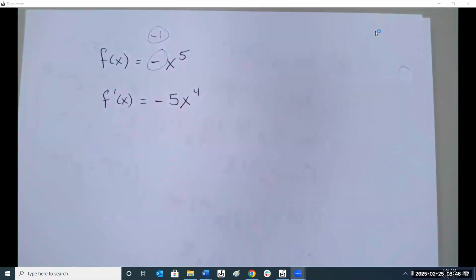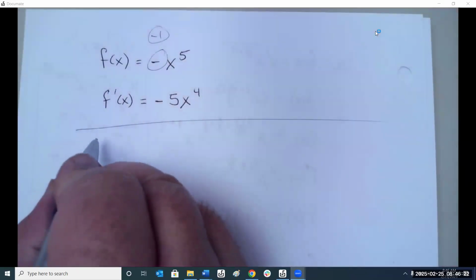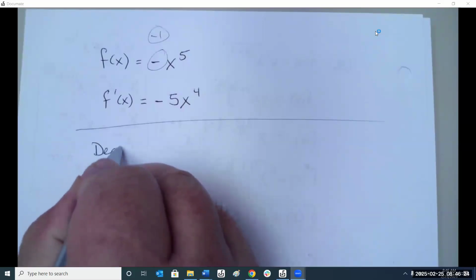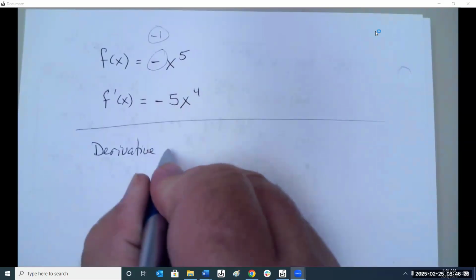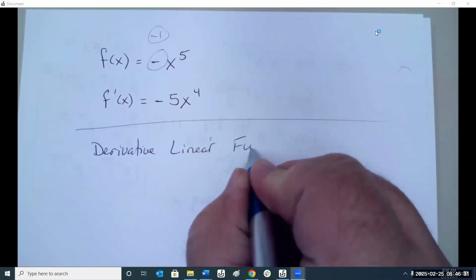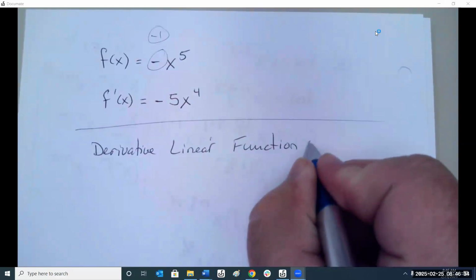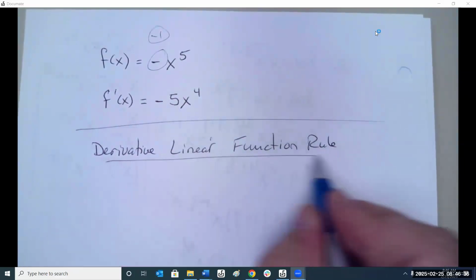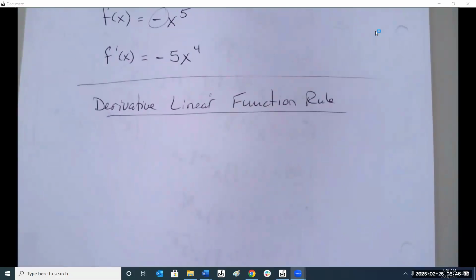Leave it there. I skipped this one. We started off by dealing with the derivative of a constant. What is the derivative of a constant? Zero.